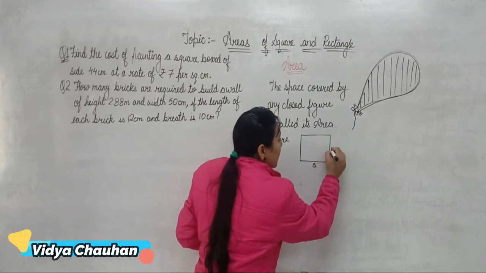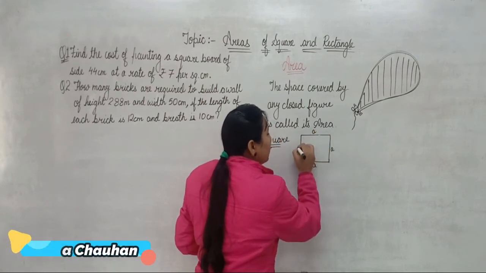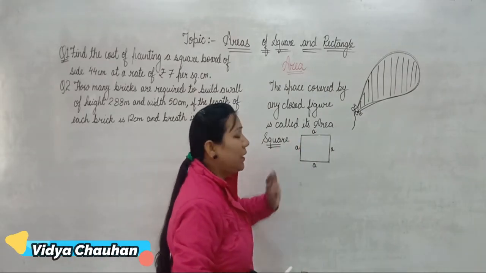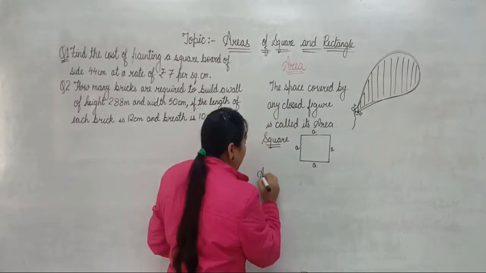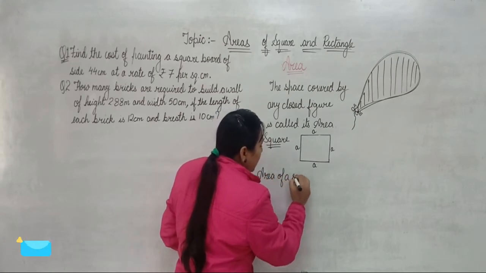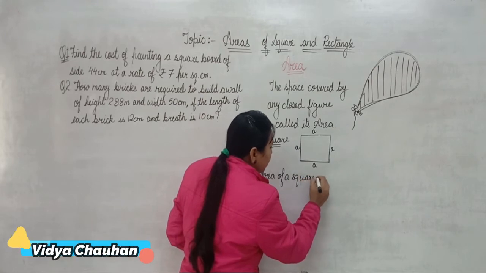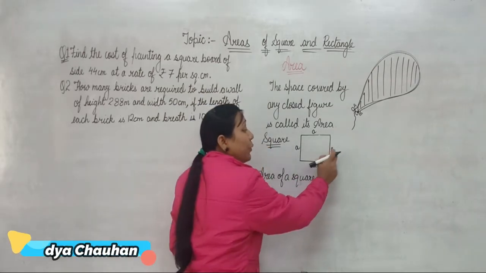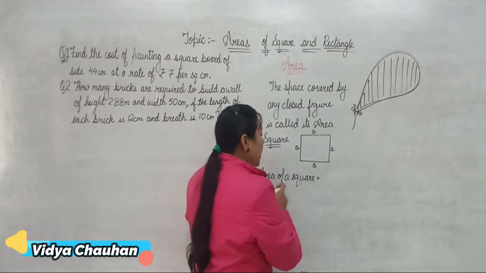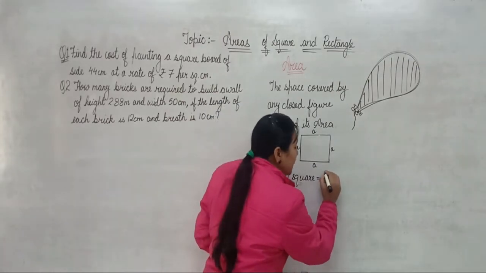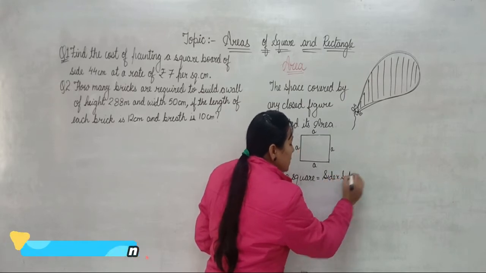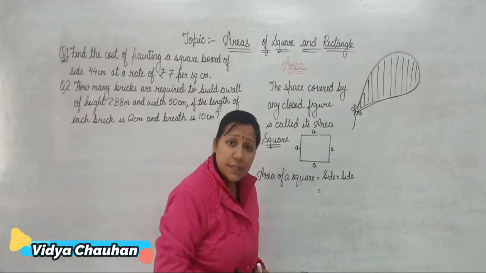So let's take this as a square whose all four sides are equal, and let's suppose the sides are A and A. Area of a square is equal to the product of its two sides. That means the formula for area of a square is side multiplied by side. So that is side into side.